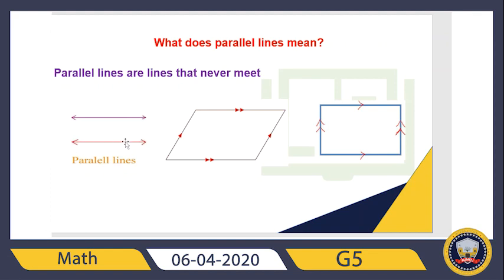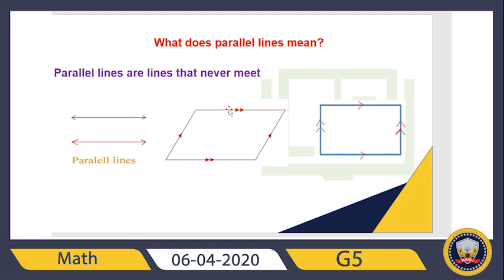It means they will never meet at a point. If they keep going to the left side or to the right side, they will never meet at a point. They will never cross each other. I can say that these two lines are parallel lines because they will never meet each other at a point.